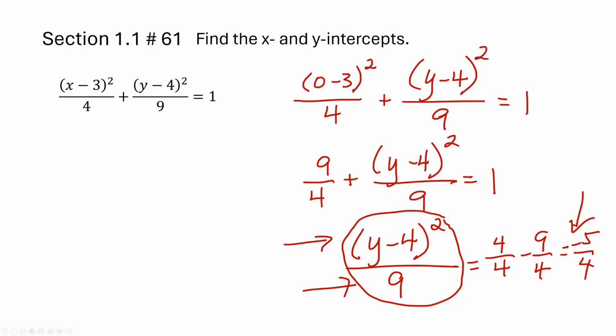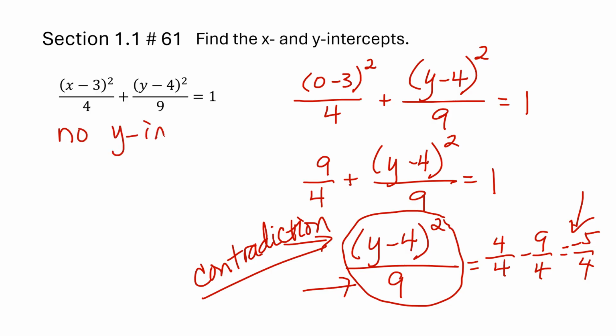That cannot happen. So that is a contradiction, and therefore there is no y-intercept, because when you try to replace x with 0, you get a contradiction. So there is no y-intercept.